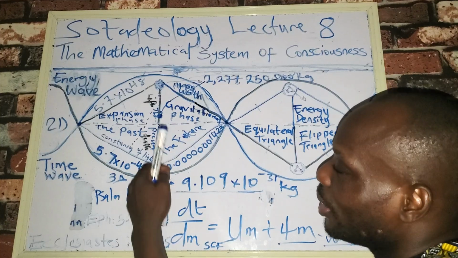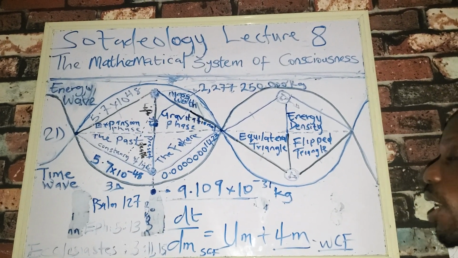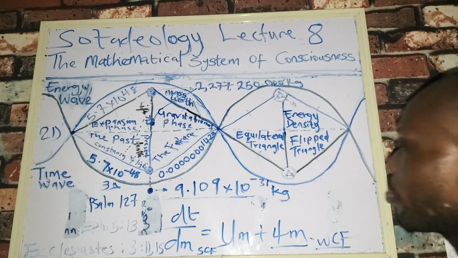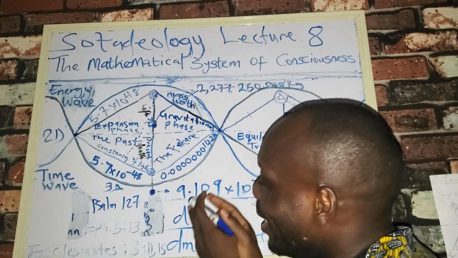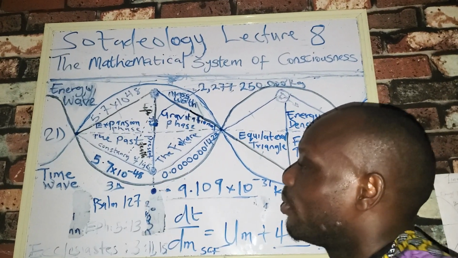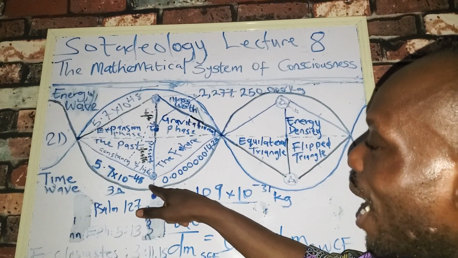You understand? So a standing wave to this 2D will give us a 3D system.